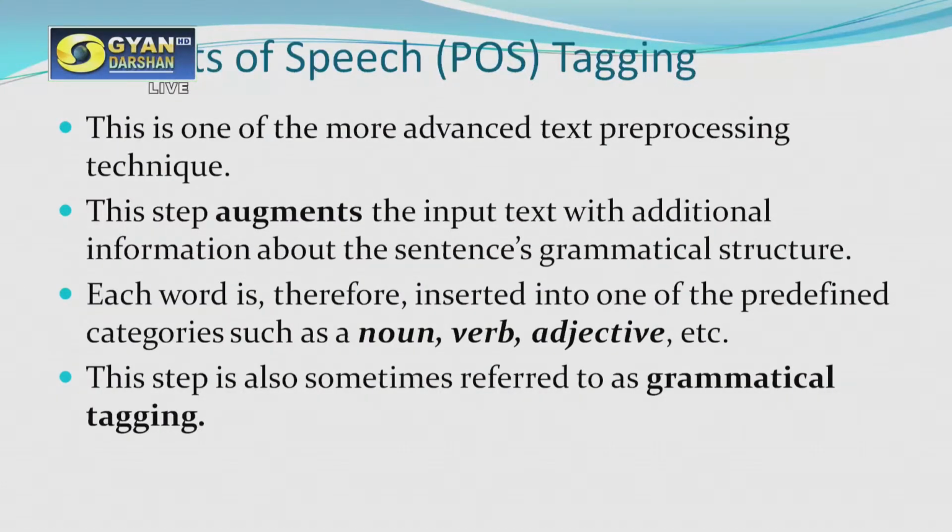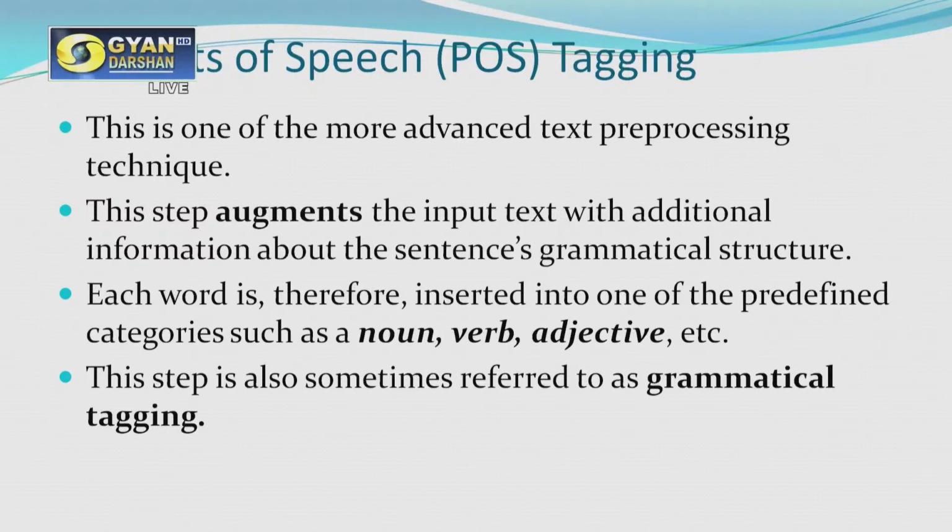Another simple thing, meant for most of the document pre-processing, is part of speech tagging. This particular thing is also called grammatical tagging. This is one of the most advanced text pre-processing techniques. This step augments the input text with additional information about the sentence's grammatical structure.